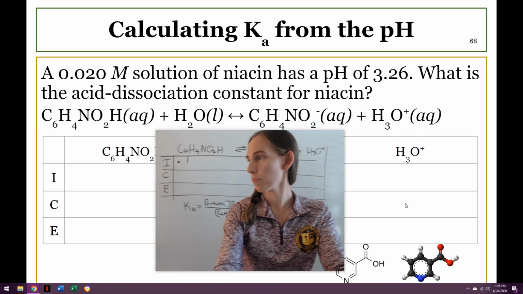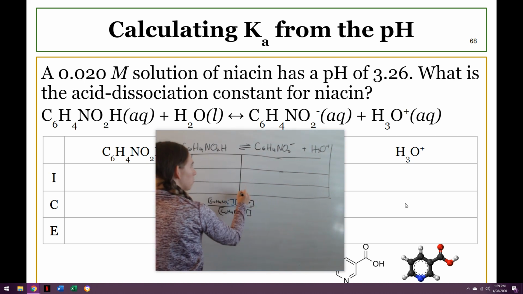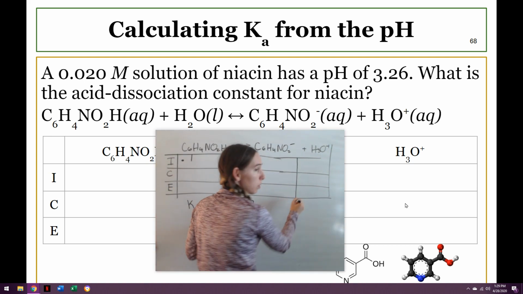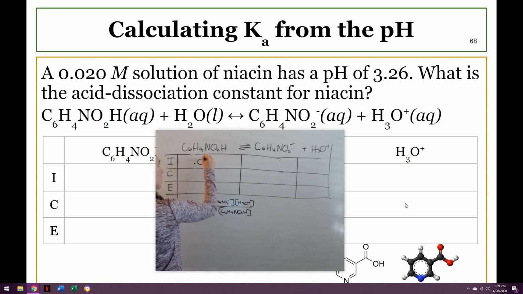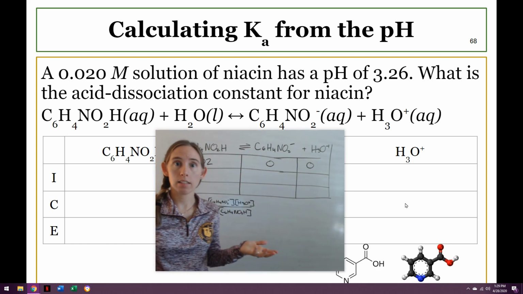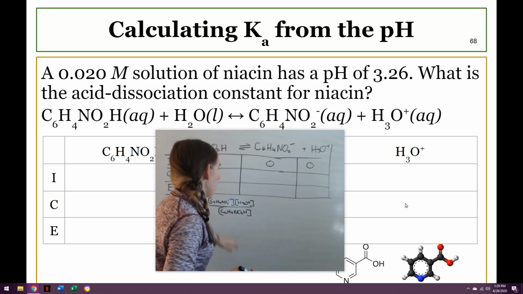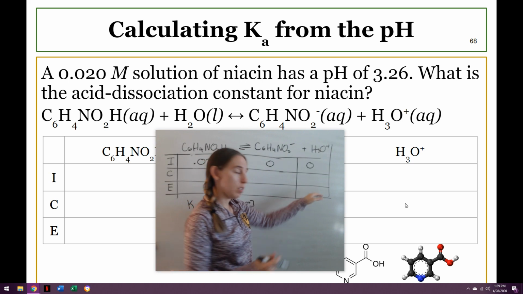Okay. So we have initially 0.1. Is it 0.1? No, it's not. It is 0.02. Initially, we have 0 of these because it hasn't started dissociating yet. At the end, equilibrium, our H3O can be found by using the pH.